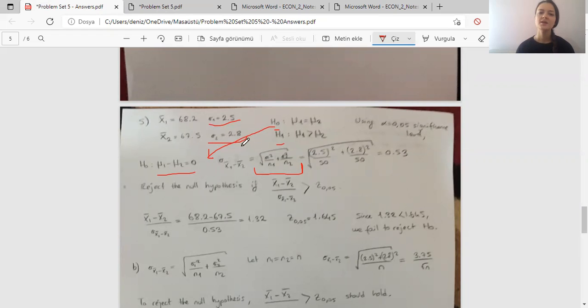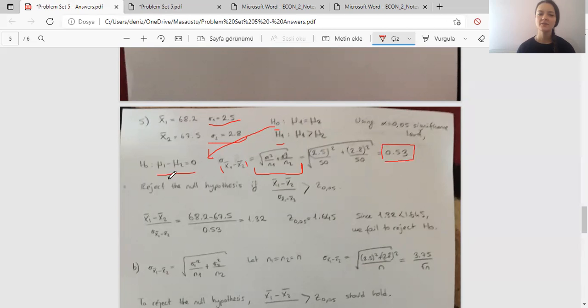We square them because we need variance in the formula, divide them by the sample sizes, and then take the square root of it. When I use this formula, I find that the standard deviation of the difference of sample means is 0.53.